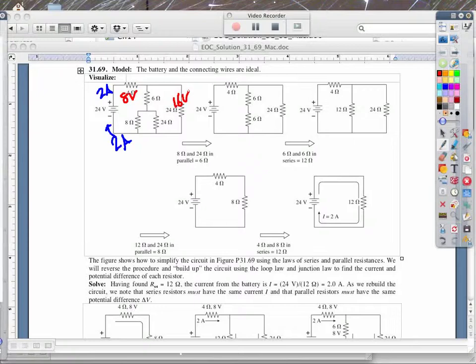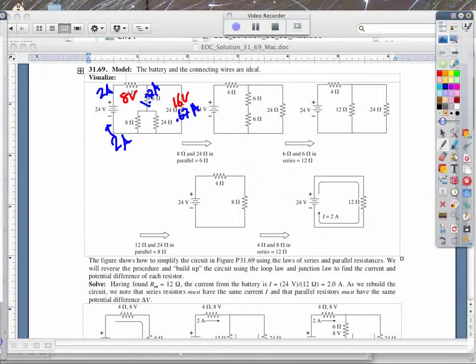And 16 volts over 24 ohms is 2/3, so that gives us 0.67 amps, which means this must be 1.33 amps. Junction rule says that 2 amps comes in, 2 amps has to go out. If 2/3 of an amp went this way, then 1 1/3 must have gone that way. And now, if we have 6 ohms and 4/3 of an amp, then we have 8 volts, right?